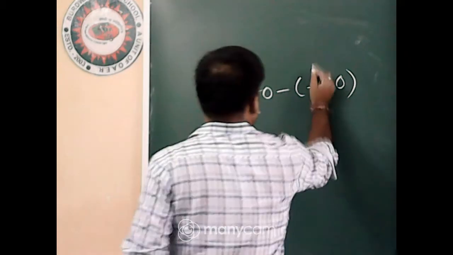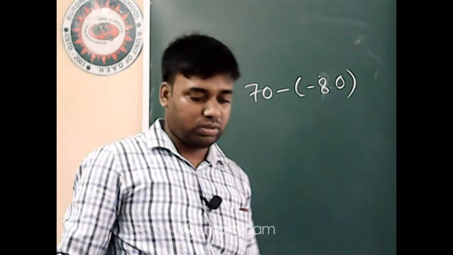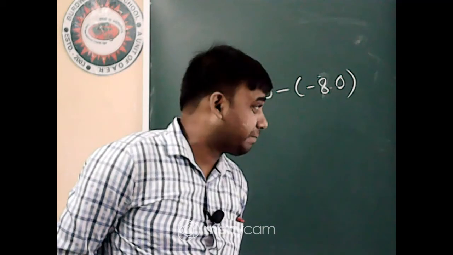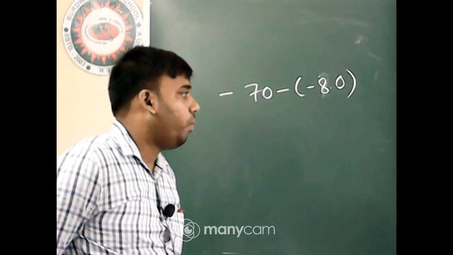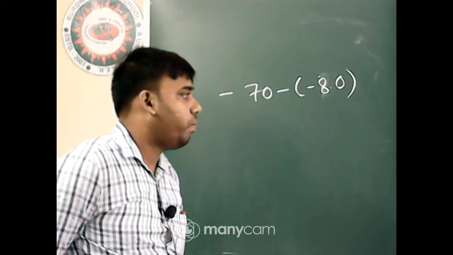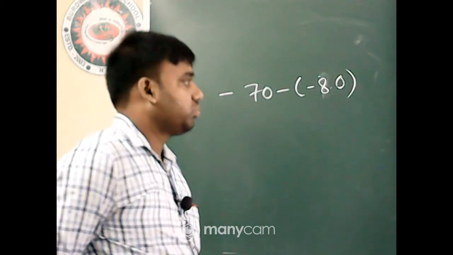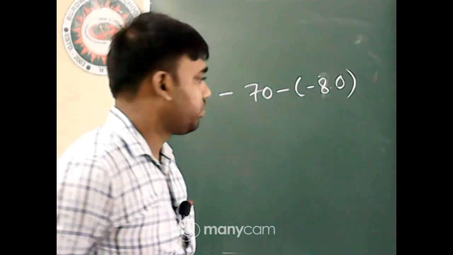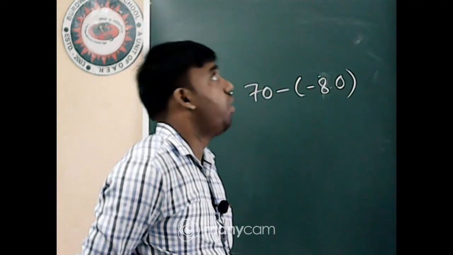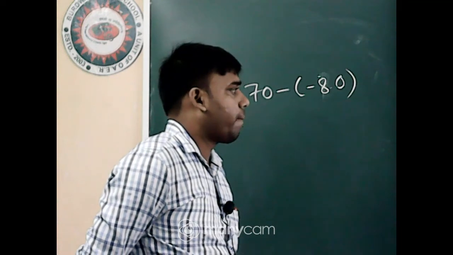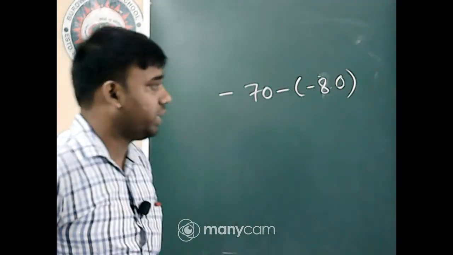Minus 70 minus of minus 80. Kausalya, wrong answer. Abhi, wrong answer. Sorry Bonik, plus 10, right answer. Okay, let's see.